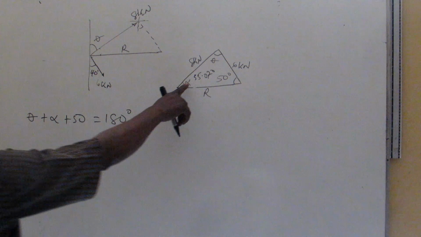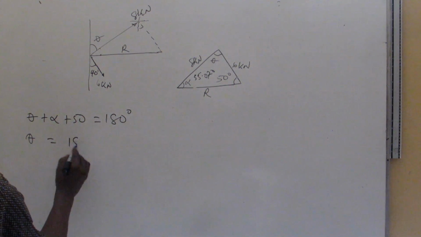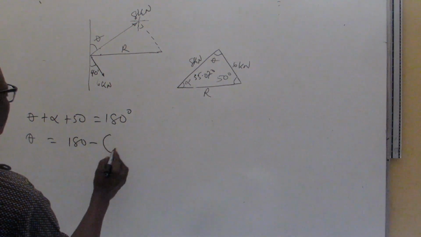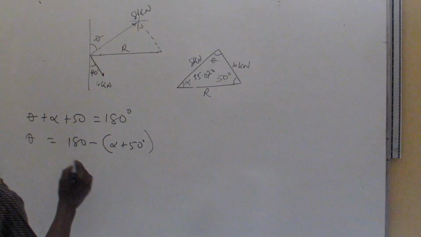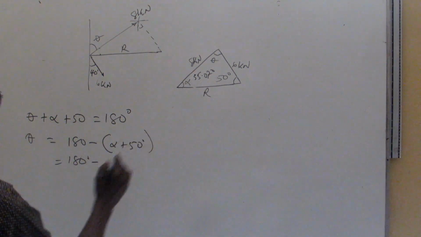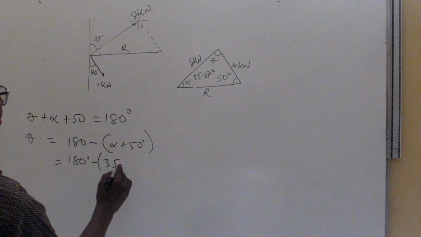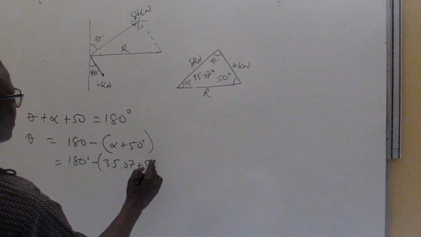So we are looking for theta. Therefore, our theta alone is equal to 180 minus alpha plus 50 degrees, which is equal to 180 degrees minus our alpha, 35.07, plus 50 degrees.